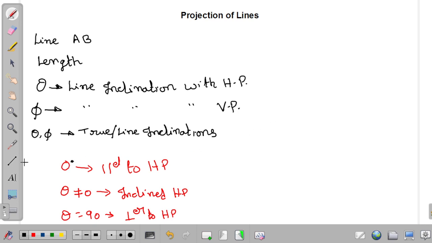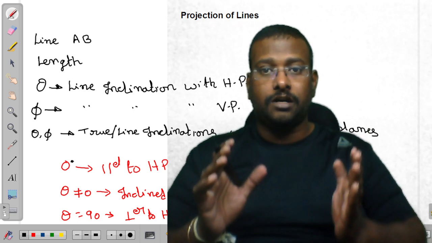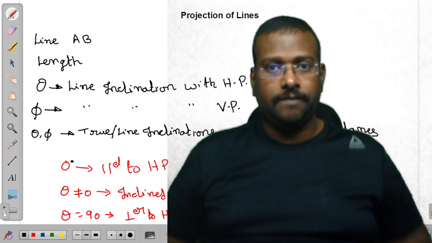Theta and phi are the true inclinations with the principal planes. What are the principal planes? HP, comma, VP. Theta is the inclination with HP. Phi is the inclination with VP. These are the things you have to remember for a line.